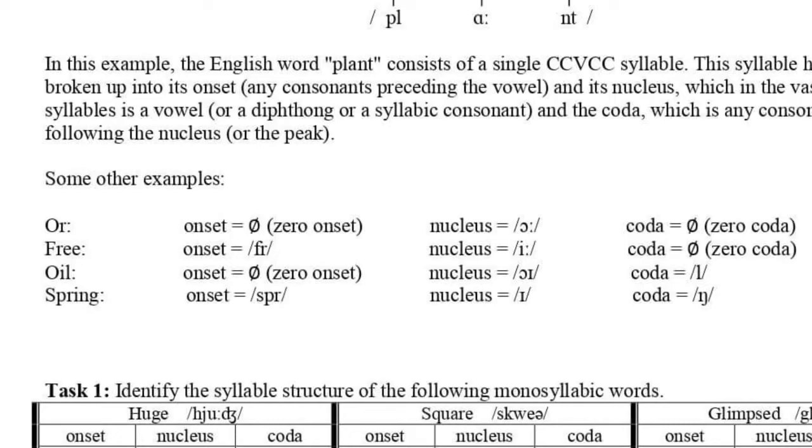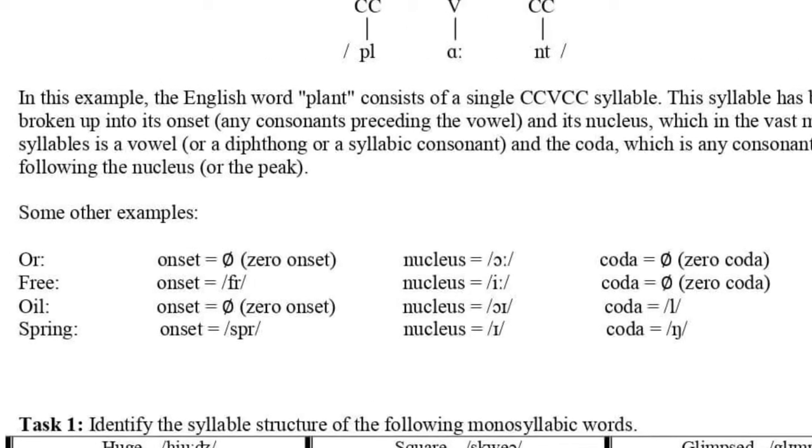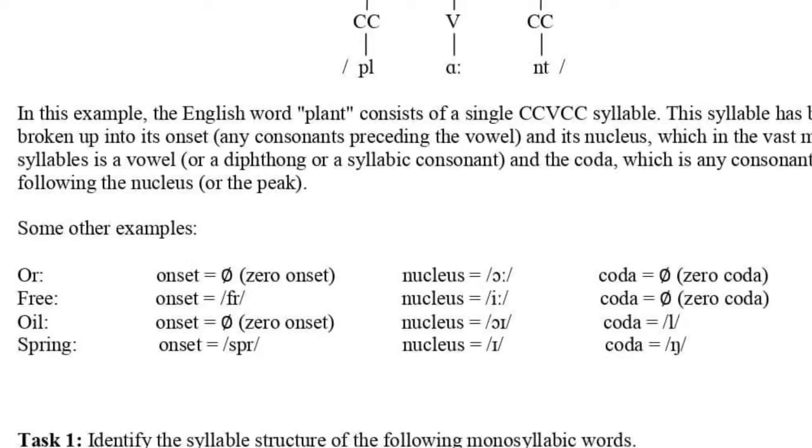And the coda is one consonant, which is L. The last example is the word spring. In this word, we have an onset composed of three consonants, which are S, P, and R. The nucleus is the short E, and the coda is one consonant.